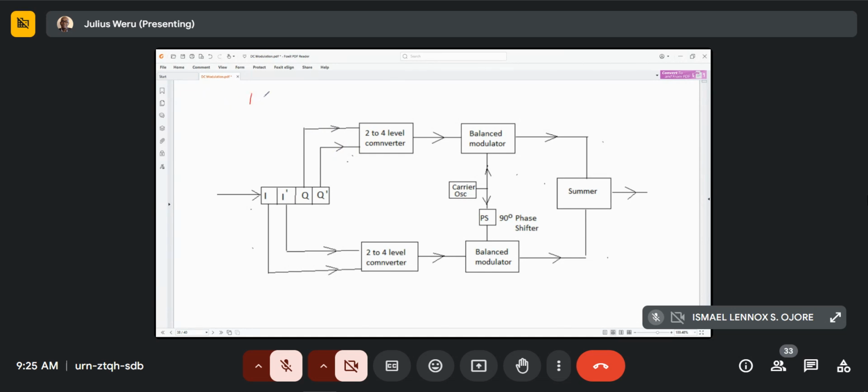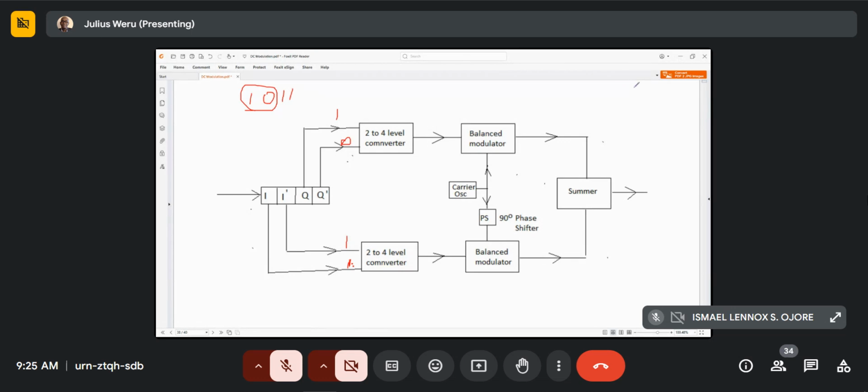So if you're having 1011, it means you put 10 here and 11 here. Then you have 2 to 4 level converters. This one is a very simple mechanism. What it is doing is just setting the value of the modulation of the input to the modulator.